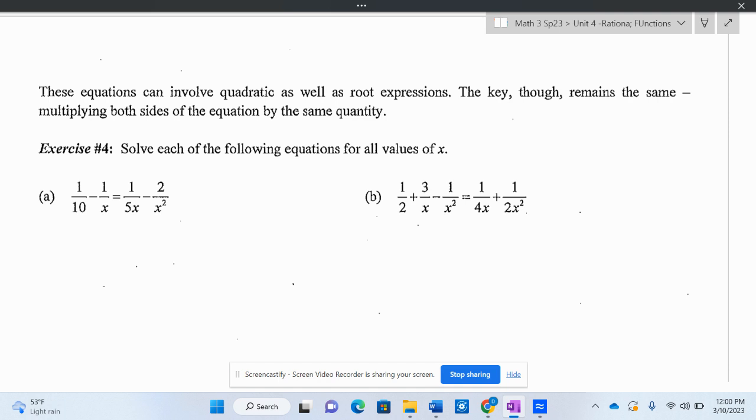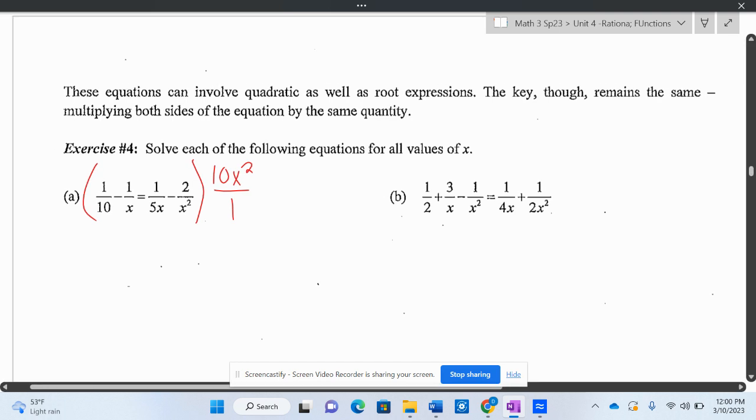X squared. Yeah. So we have to make sure that we multiply by at least that, to get rid of the denominators. So we are multiplying both sides of this by 10x squared over 1.